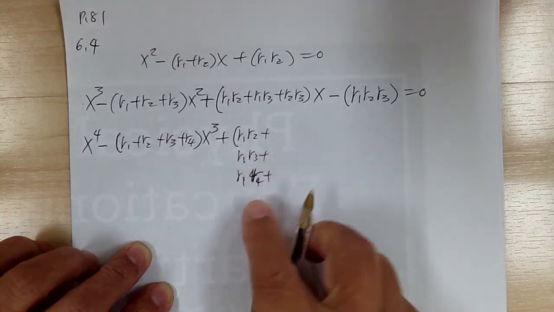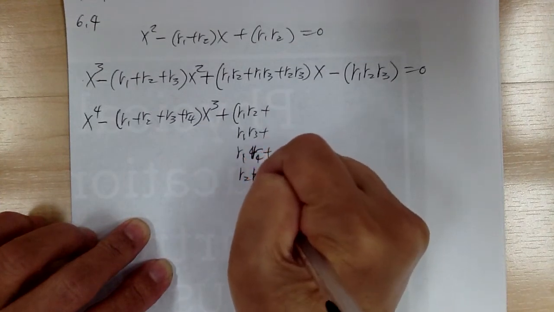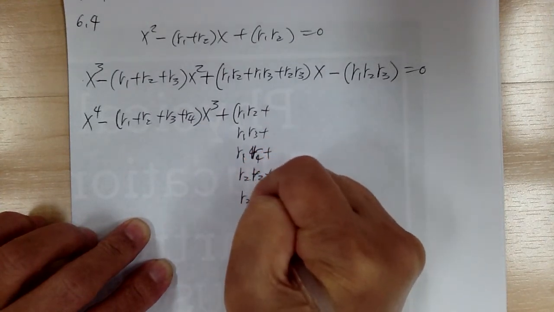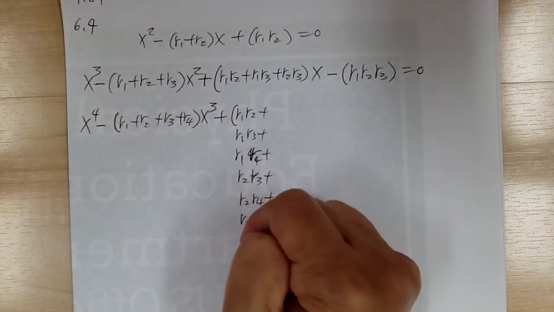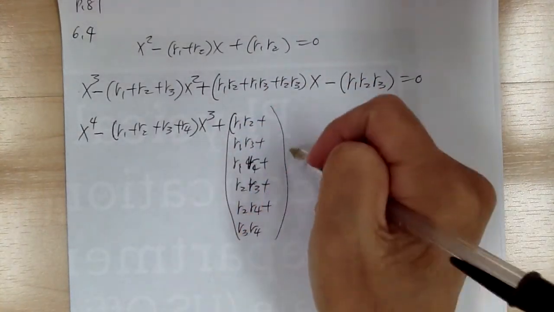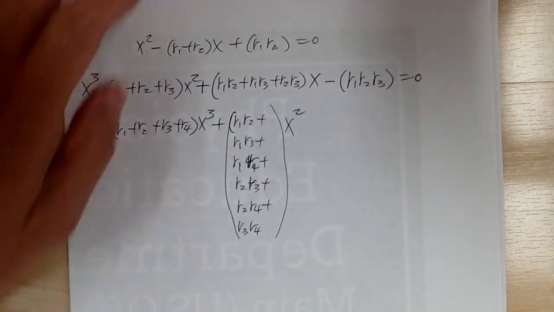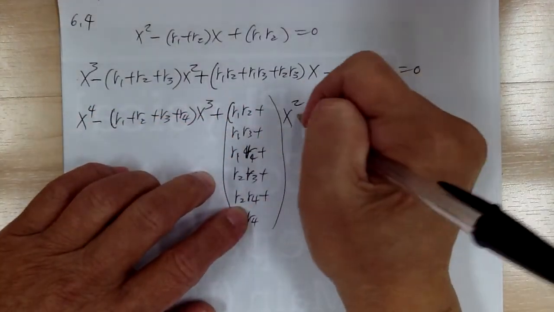Once I exhaust r1, then I go to r2, so it would be r2 r3 plus r2 r4. Once I exhaust r2, I go to r3. That would be the coefficient for the x squared, so plus, minus, plus. Next one would be minus.